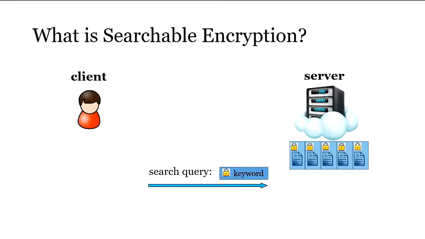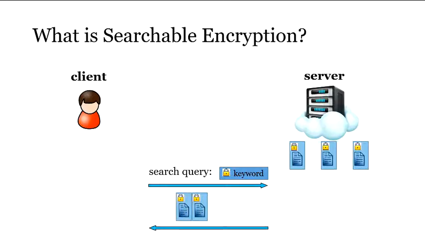And with the help of this token and the metadata, the server is able to return only those files that contain this keyword, but nothing else. And the security of searchable encryption guarantees that a semi-honest server cannot learn anything about the underlying content of the files or the underlying keyword of the search token.